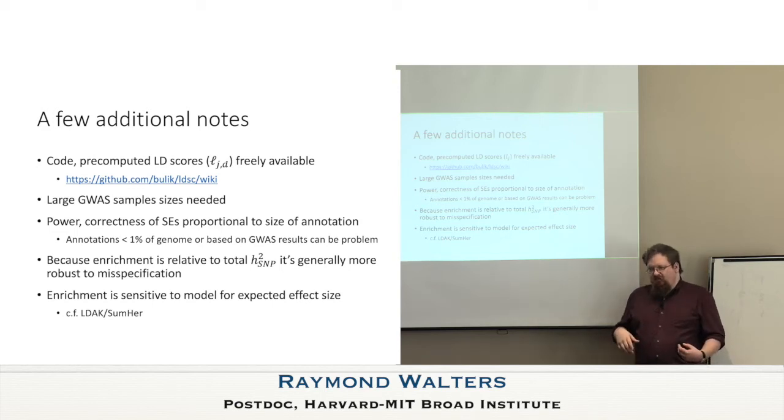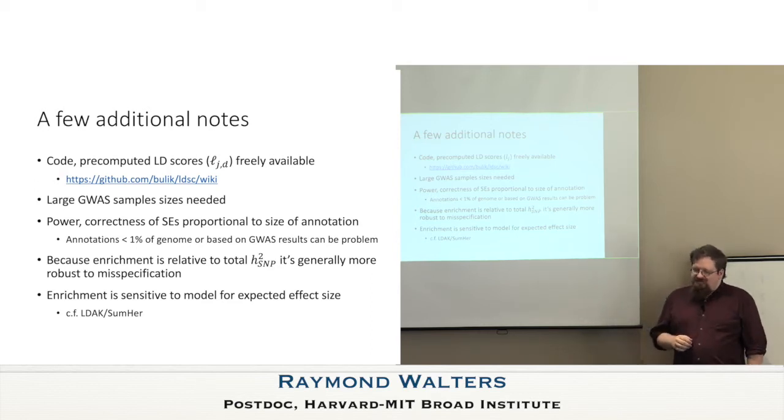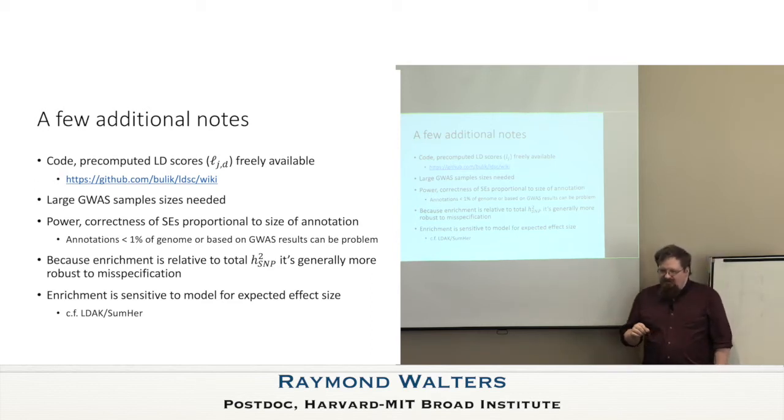And so if you fit that model with nominally the same set of annotations, you'll see very different enrichment results, because you've set a different baseline expectation about what the normal behavior of the effect sizes is. And so interpretation of the enrichments is very much attached to the choice of model that we've made, as far as what the expectation is for heritability per SNP.